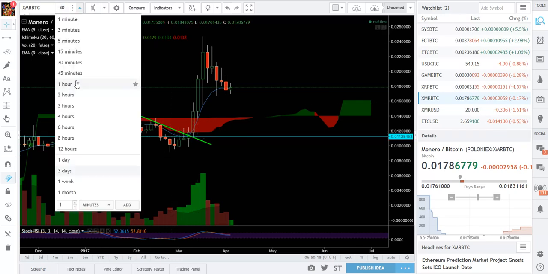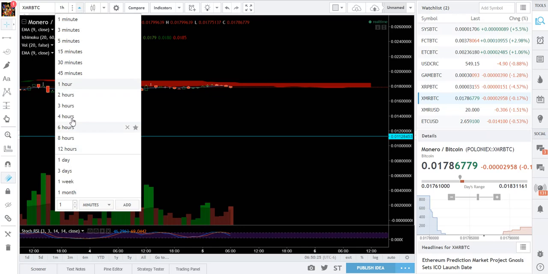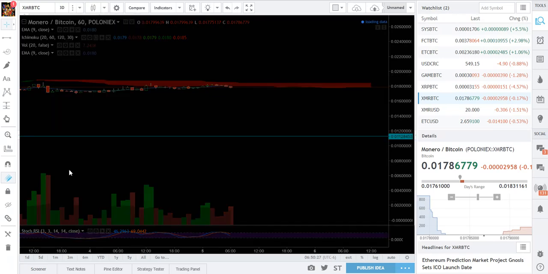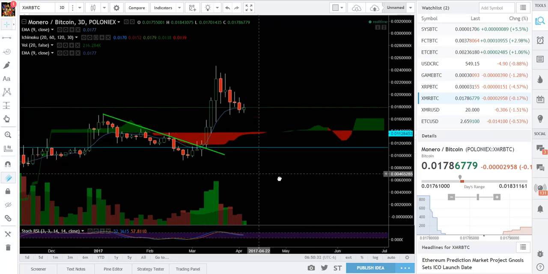So now we look at lower time frames. What did we get out of that move? Actually, let's start at the 3-day again and work our way back in.